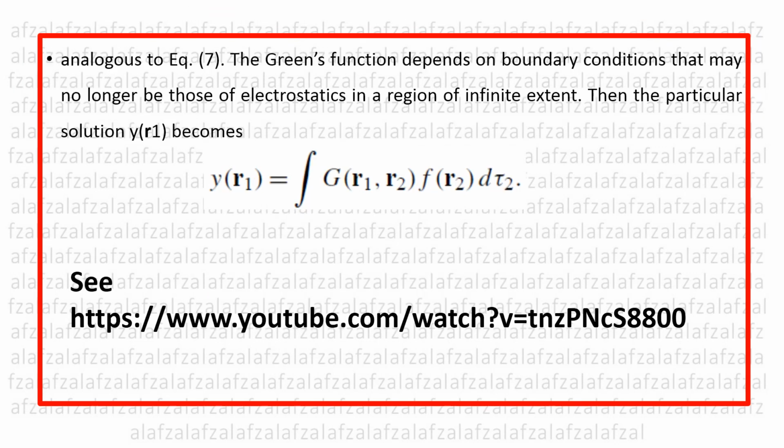Again, y of r1 is equal to integral g of r1 r2 f of r2 d tau. So the particular solution at r1 of a problem is given by y of r1 equal to integral g of r1 r2 f of r2 d tau 2. If I know the Green's function, I can find the particular solution at a particular value of the independent variable.